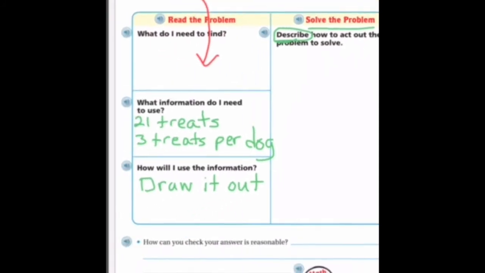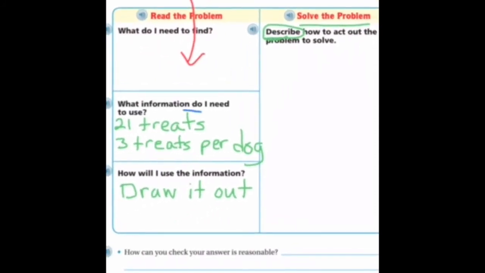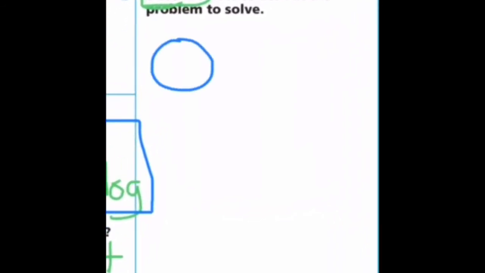So I know we have 21 treats and there are 3 treats per dog. So what I'm going to do is, that's my dog, beautiful looking dog, and it gets 3 treats. Okay, so far I'm up to 3 treats. I'm not up to 21 though. So I need another dog, 3 more treats. That's 4, 5, 6.